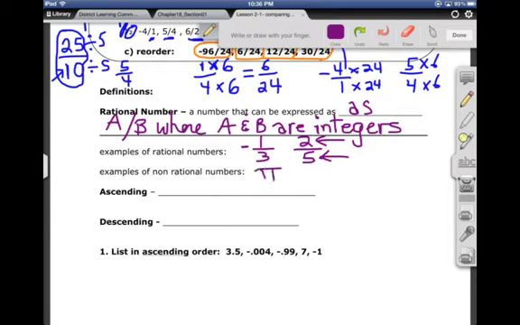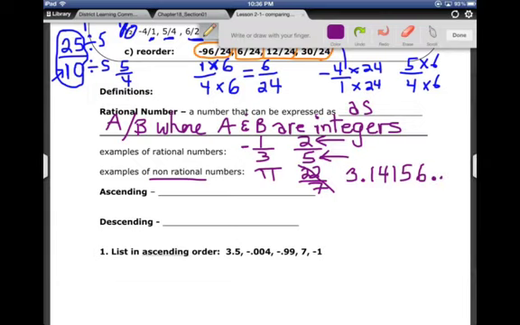Okay, it's not rational because pi, the closest thing to it, is 22/7, but that isn't fully correct. When you look at any irrational number, and that's what we're talking about, pi comes out to 3.14156, yada, yada, yada. It goes on forever. So the problem with that is because it doesn't have a final decimal bin, I don't know what the fraction should be.